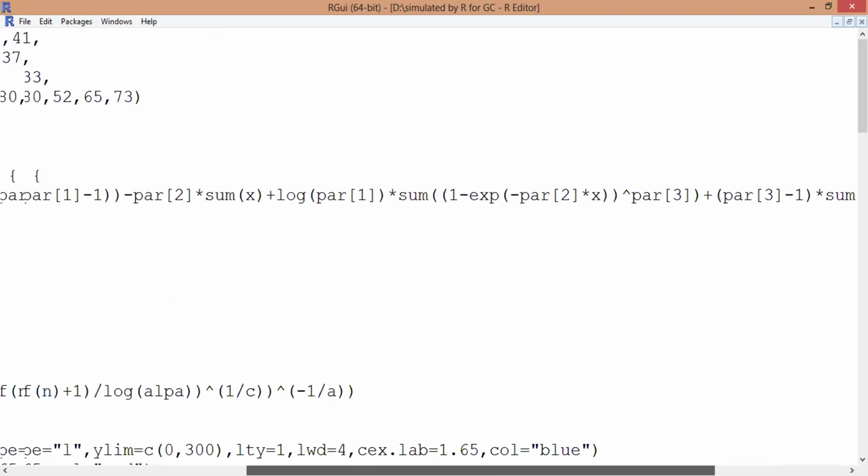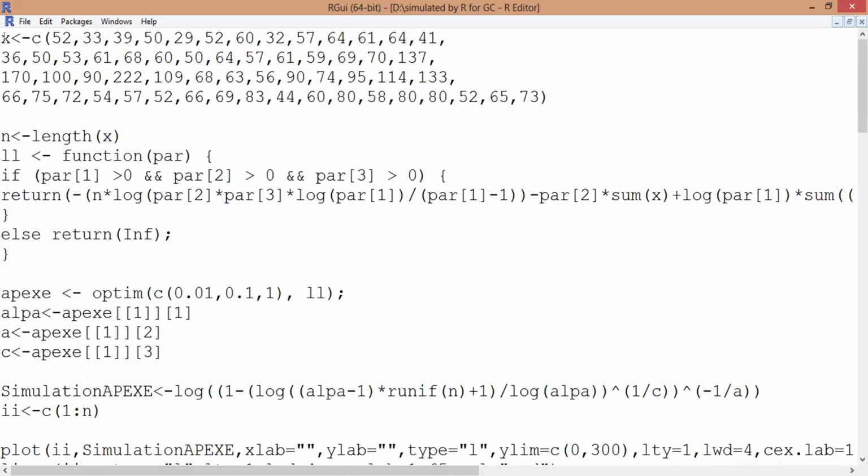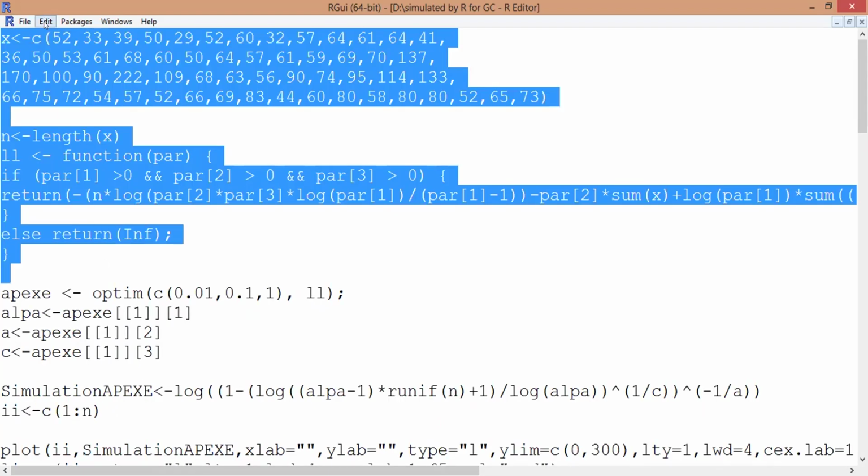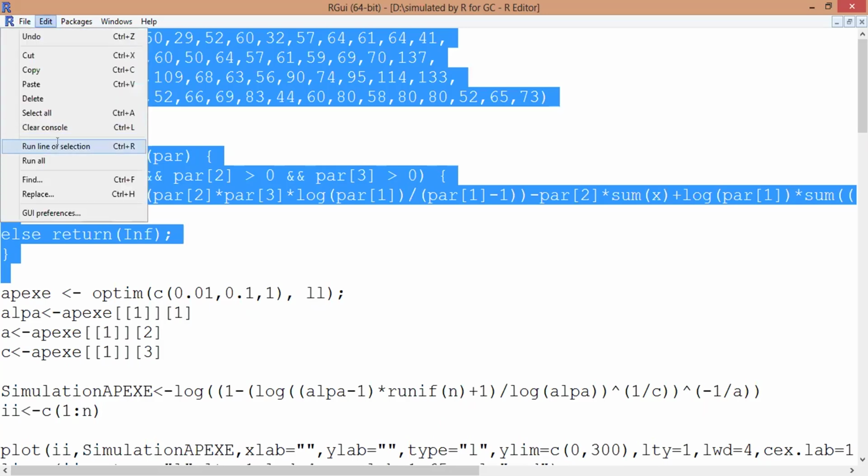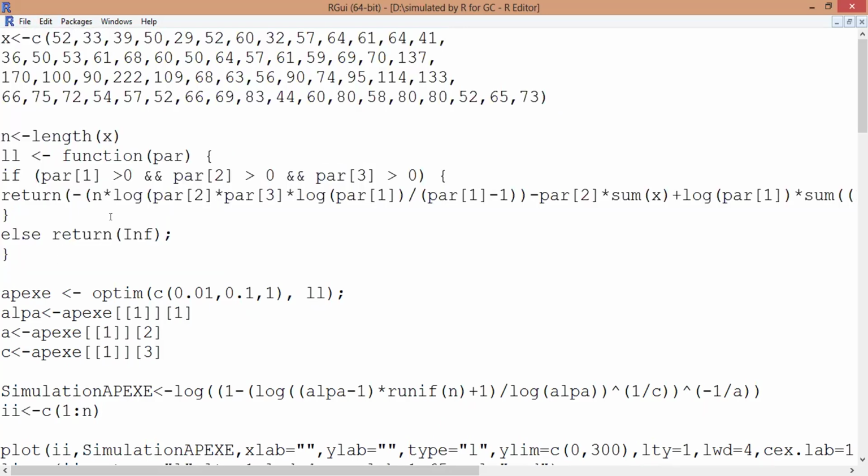So after that, we run: edit, run, and selection. After we run, we use optim to estimate the parameter. Of course, we must use the initial values 0.01 for alpha, 0.1 for A, and 1 for C. After that, we run our optim.